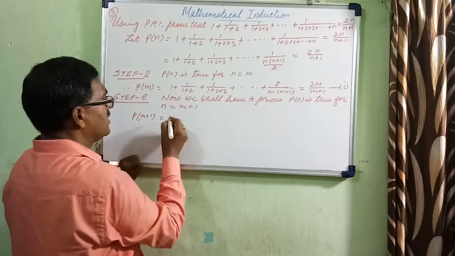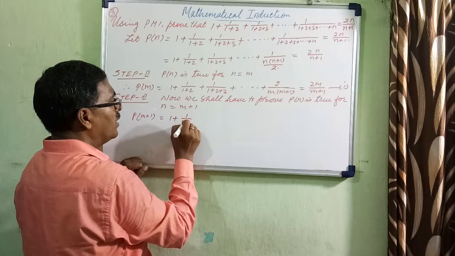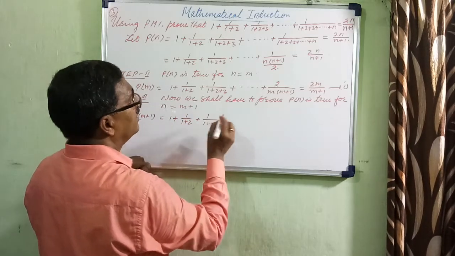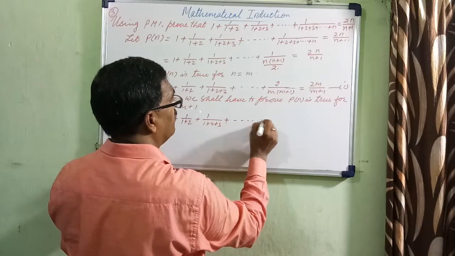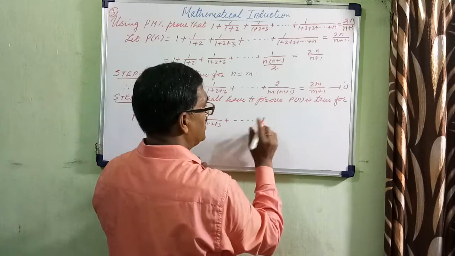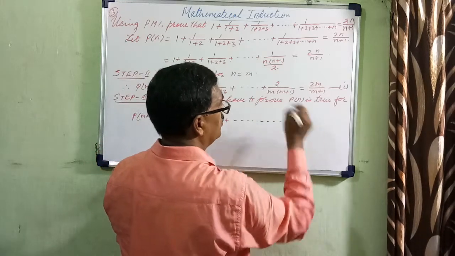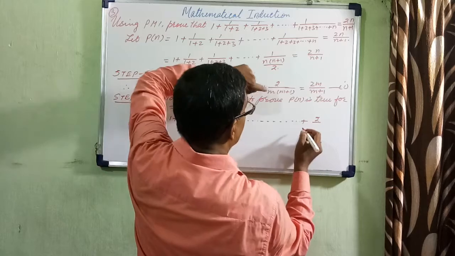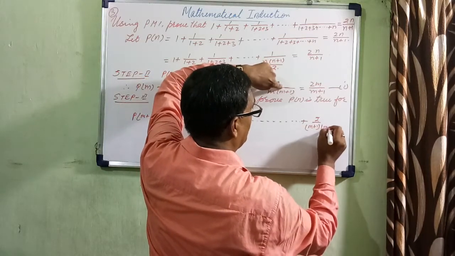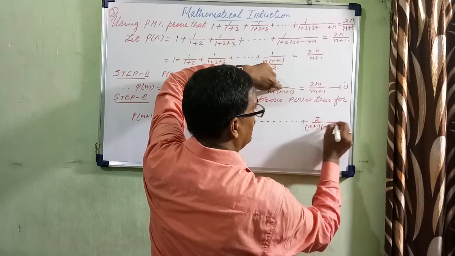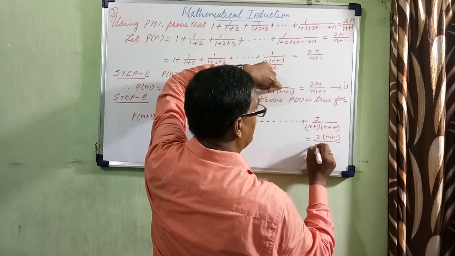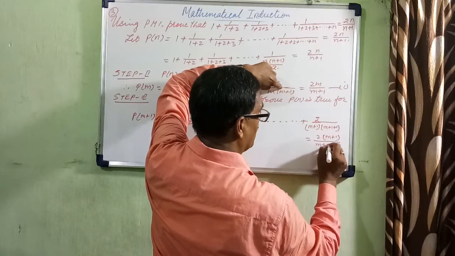So what shall we write here is 1 plus 1 by 1 plus 2 plus 1 by 1 plus 2 plus 3 plus dot dot dot plus, I'm just leaving one step here, going straight to 2 by, in place of m plus 1 and m plus 1 plus 1, is equal to 2 into m plus 1 divided by m plus 1 plus 1.